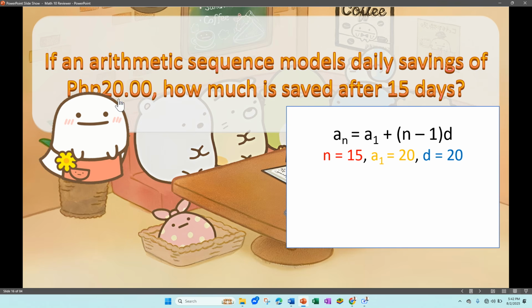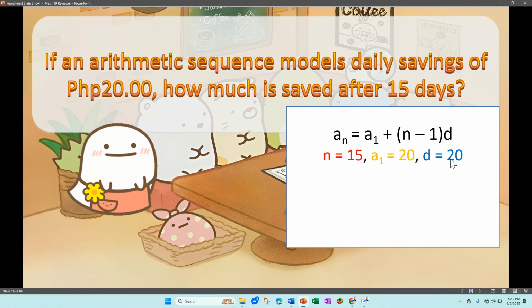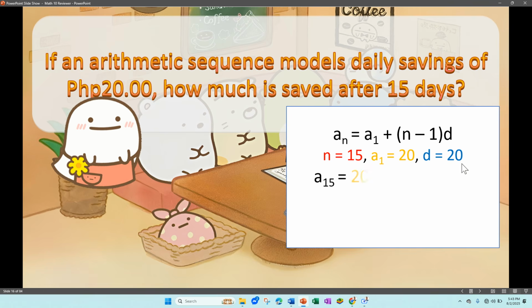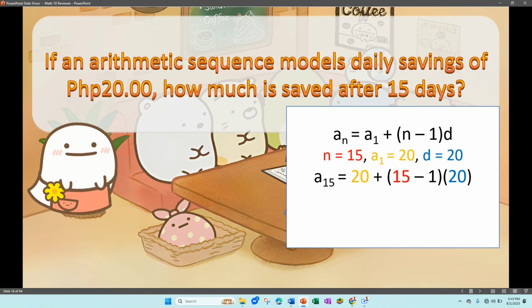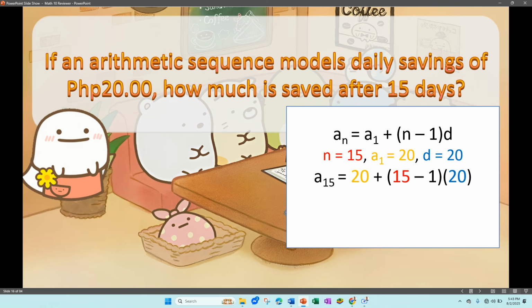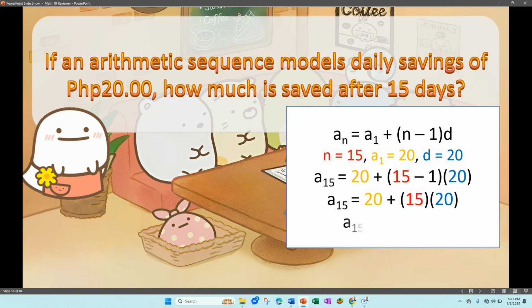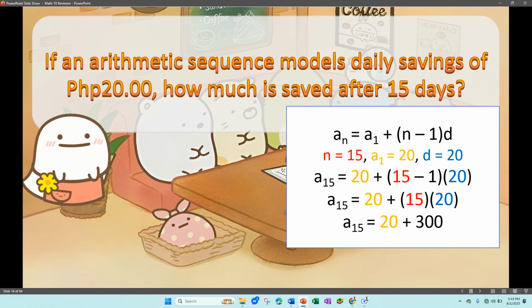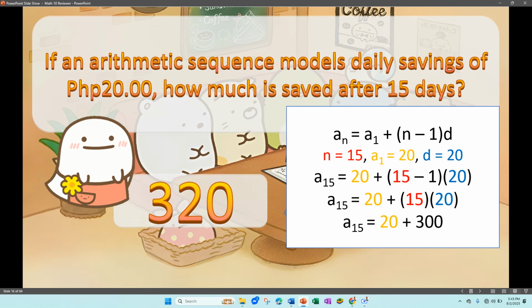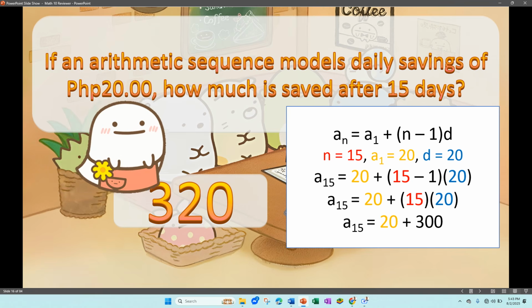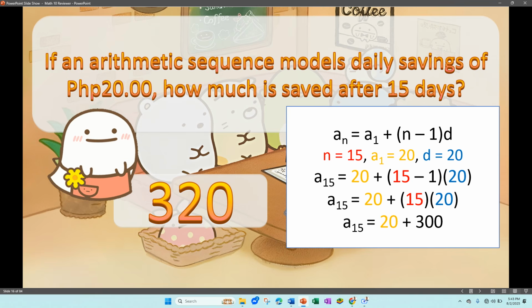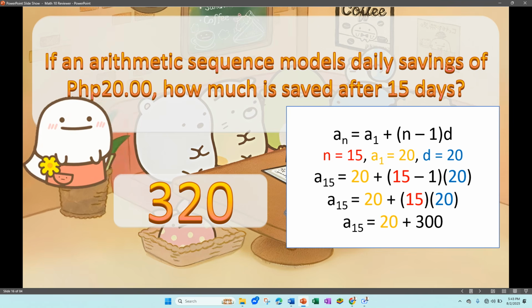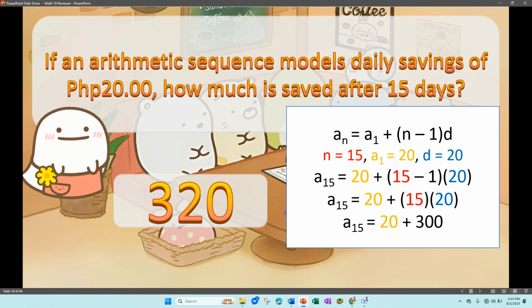So start tayo sa 20, then daily savings, that is difference of 20. So we will have this by substitution, then parentheses, multiply, and 300 plus 20 is 320. So that means after 15 days, meron na po tayong 320 pesos na savings.